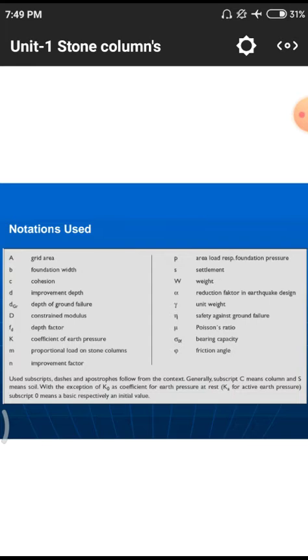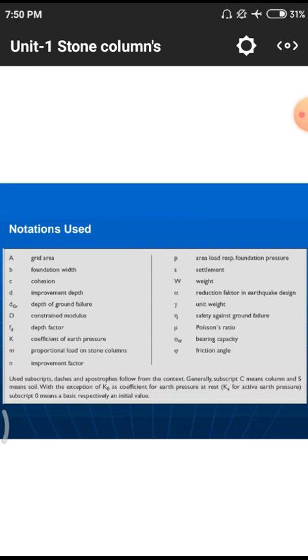All those three terms are normally well known terms. N is the improvement factor, and next we have P equal to load, which we studied in RCC and steel structures. S is the settlement value, W is the weight, alpha is the reduction factor, gamma is the unit weight. Normally the unit weights studied are 7850 for steel, 1440 for cement, 2400 for concrete, 2500 for RCC, 2400 for PCC.